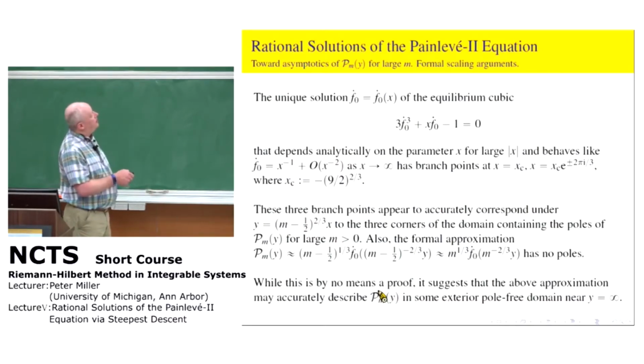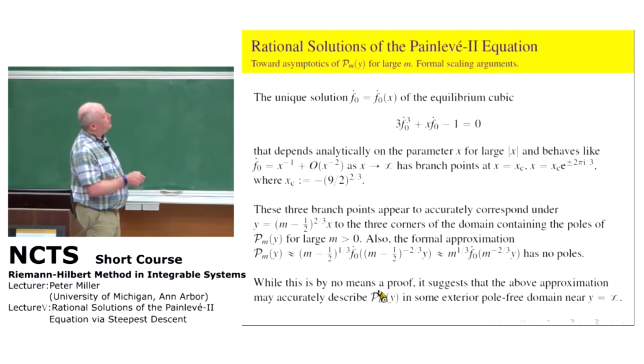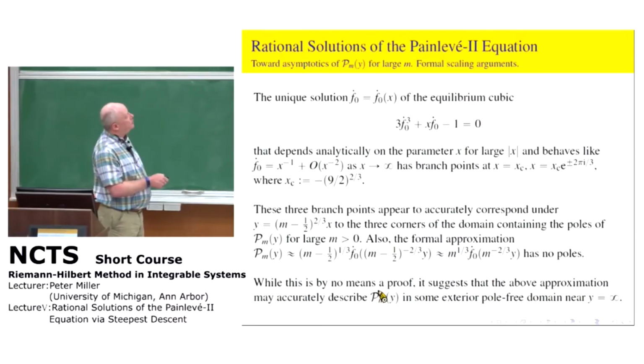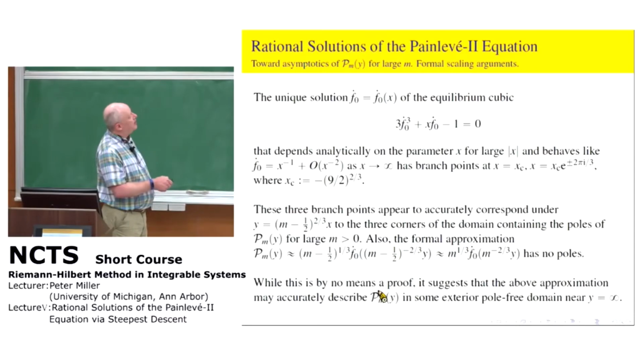Anyway, it turns out that for this equilibrium cubic, parameterized by this number x that we are fixing, we are interested in the unique solution that depends analytically on the parameter x for large x. And it looks like 1 over x plus smaller terms as x goes to infinity.